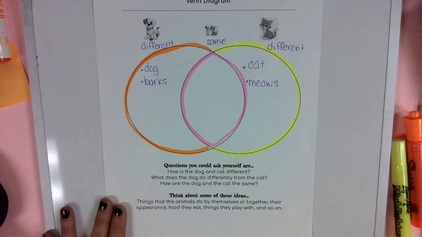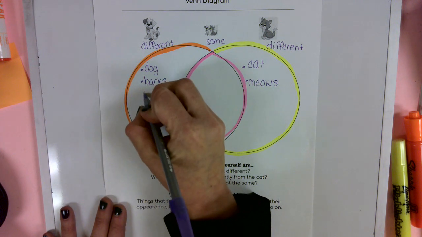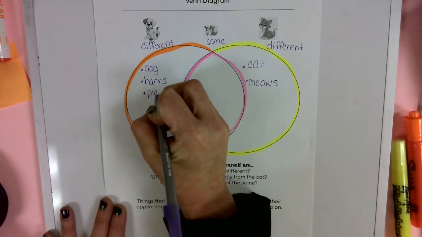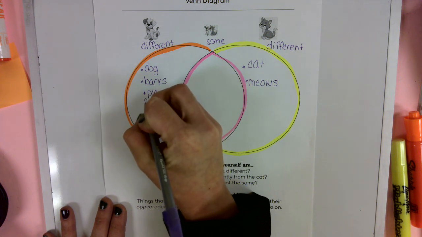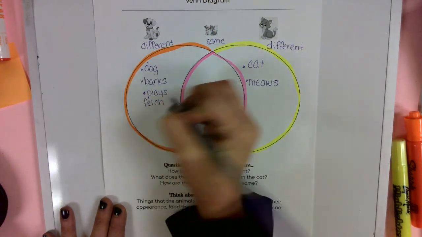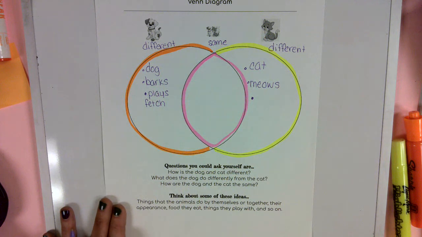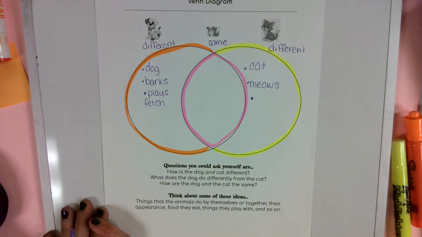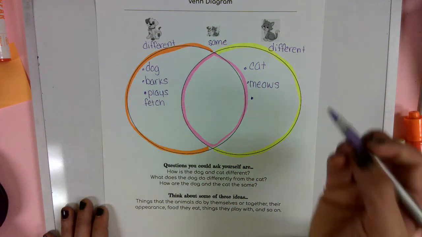Well, the dog likes to play fetch. The cat, what do you think a cat does sometimes? Usually they'll play with balls that are on strings.